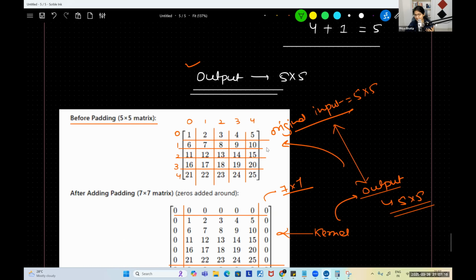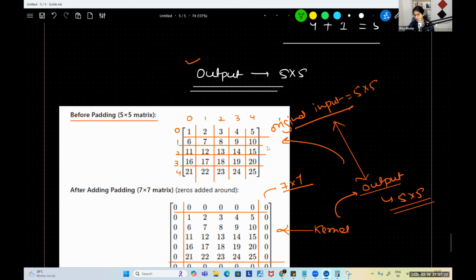Now, can anyone let me know why padding is needed? I think just with the use case which I have demonstrated, you should be able to understand why it is needed.